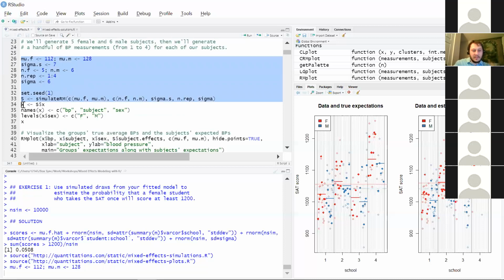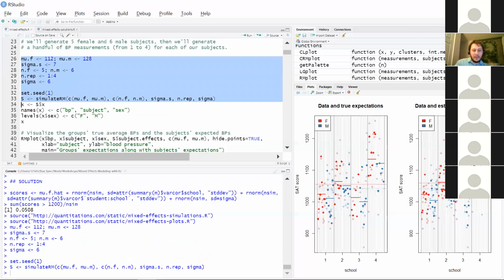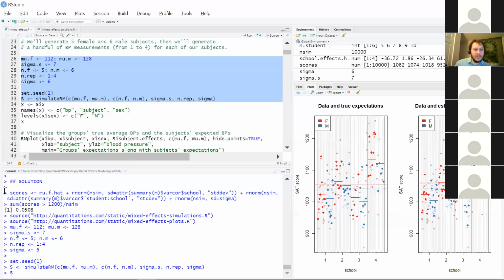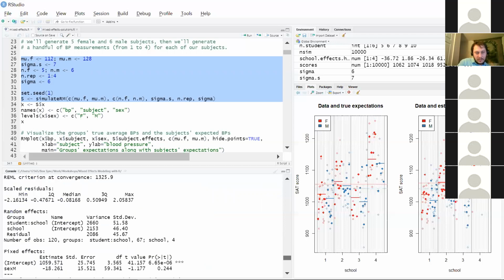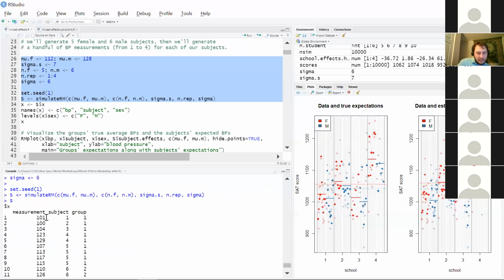Okay, so I'm going to run this chunk, and now I'm just going to type S so that you'll see what got returned by my simulation function. Here's the data set. Subject 1 apparently only had one blood pressure measurement, and it was a 101.